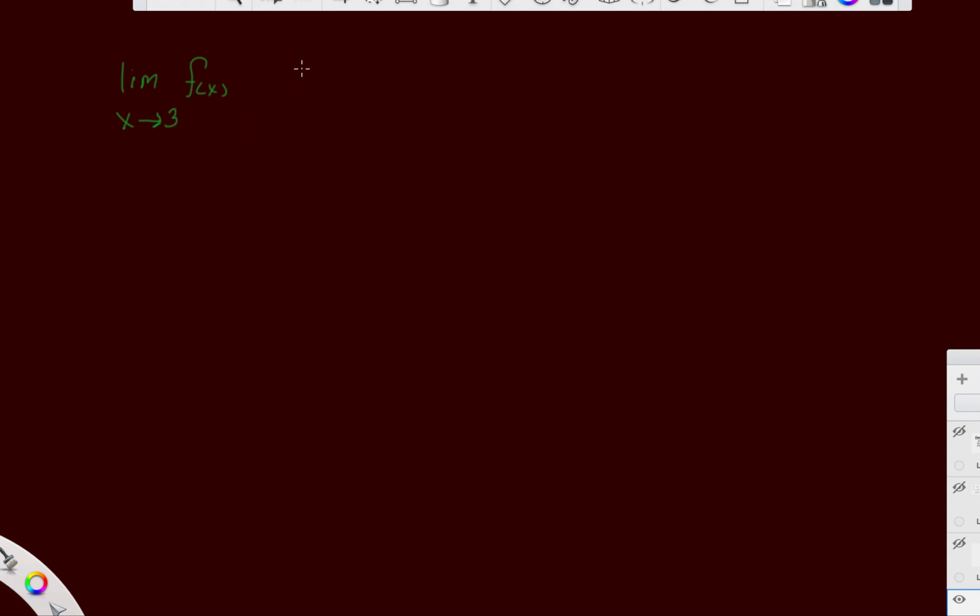And then you're going to get f of x, you know, could look like this, or it could just look like this, f of x. And now they're going to have to give you a function, right?